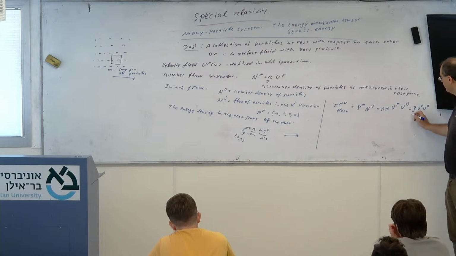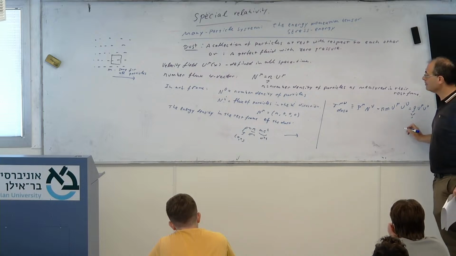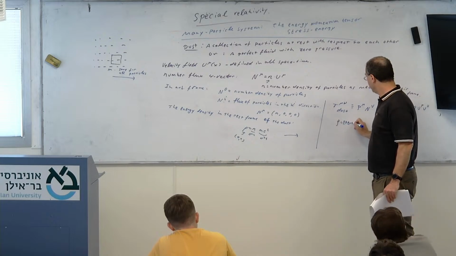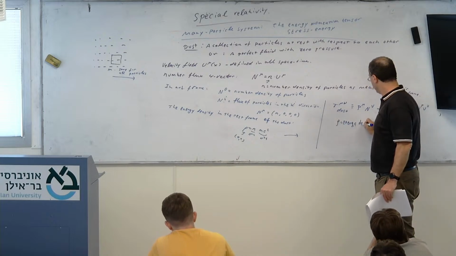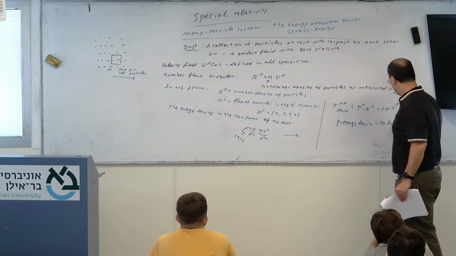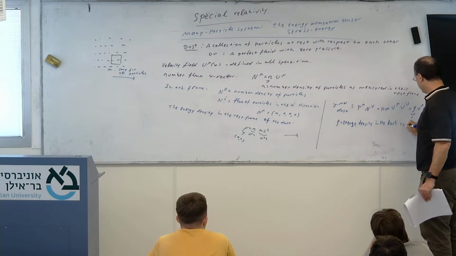So rho is the energy density in the rest frame, the dust rest frame.